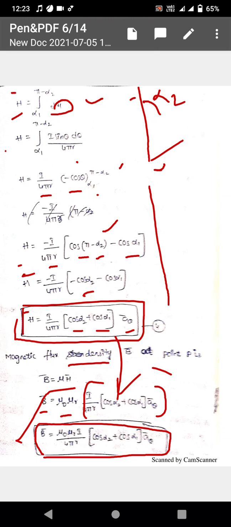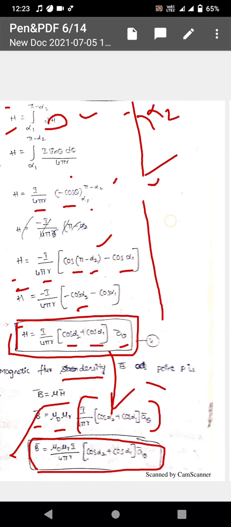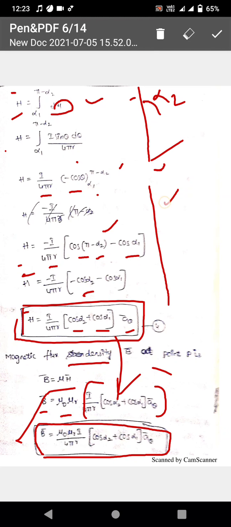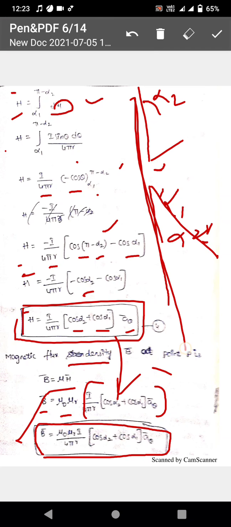If you understand this, it is very easy for infinite length, because for infinite length alpha 1 and alpha 2 become 0. It is a very large conductor, so the point P can be considered to be at almost zero angle. If it is infinite length, the conductor and point P are both in parallel.